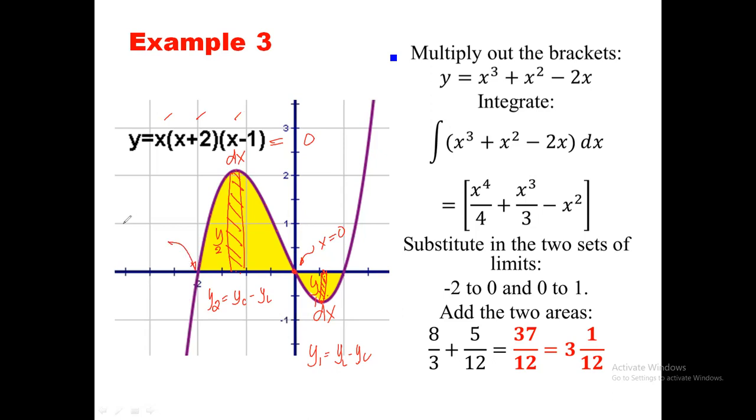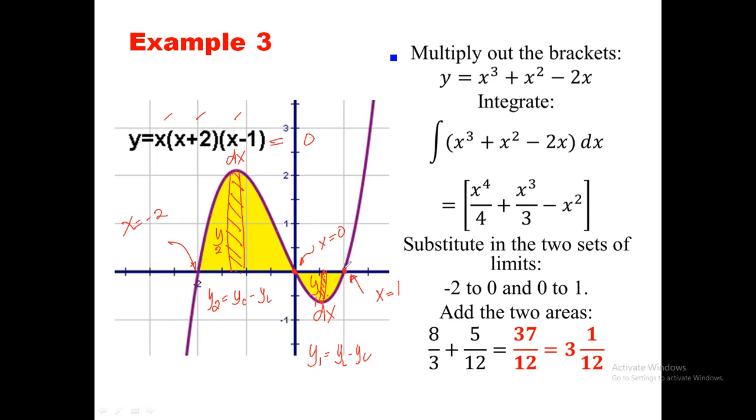This point is your x equal to negative 2, coming from x plus 2 equal to 0. So your x is negative 2. So you have another intersection here. And this one, x minus 1 equal to 0. So this is your x equal to 1. So this is how you came about with the limits of your integral.